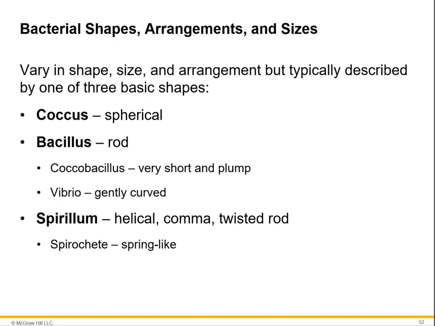And if they're helical or twisted, they're going to be a spirillum. Underneath bacillus, we have the coccobacillus, a short and plump rod, and a vibrio, a gently curved rod. Underneath the spirillum, the most common helical or twisted microorganism we're going to talk about is a spirochete.